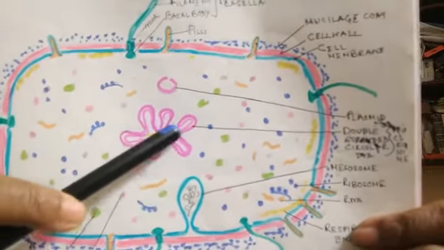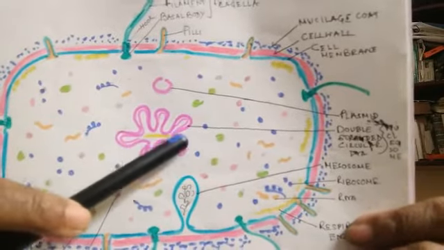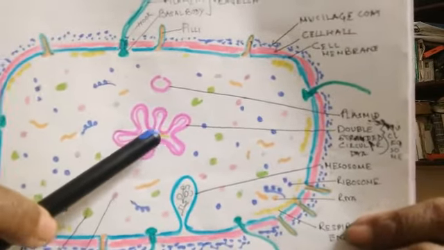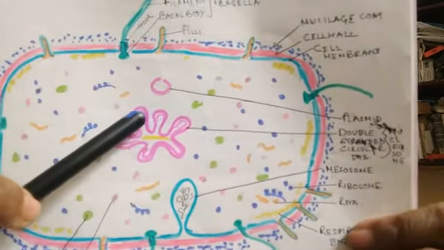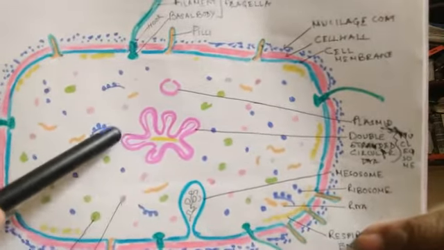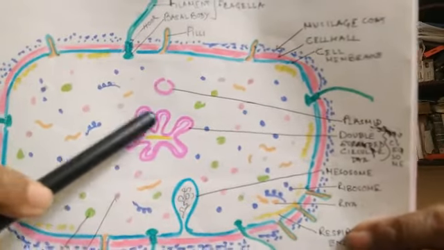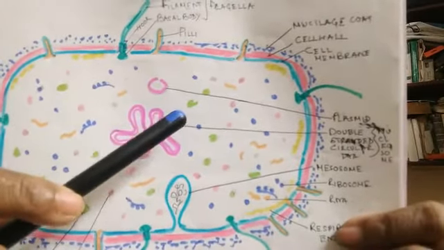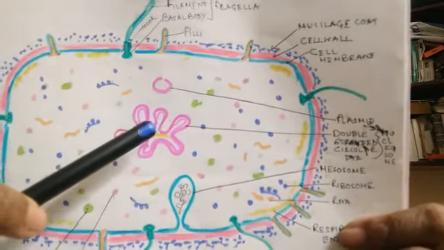So this single circular double-stranded DNA thread forms a chromatin. And this is not a well-developed nucleus, which is called nucleoid or genophore. So what is a nucleoid?